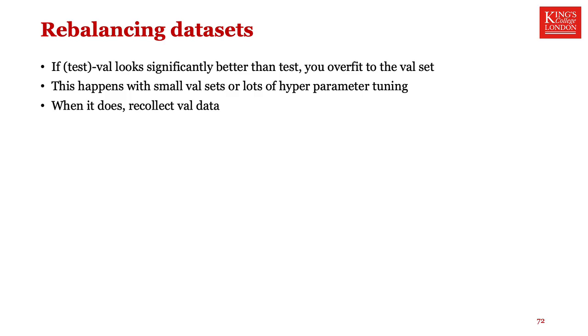Rebalancing here means the partition that you initially made, for example, the very common 60-20-20 partition between train, test, and val, you might want to do something slightly different where you might end up with a 50-30-20 so that you can increase the size of the val set and so that you can also then convey more stability to the hyperparameter tuning that is happening on that val set.